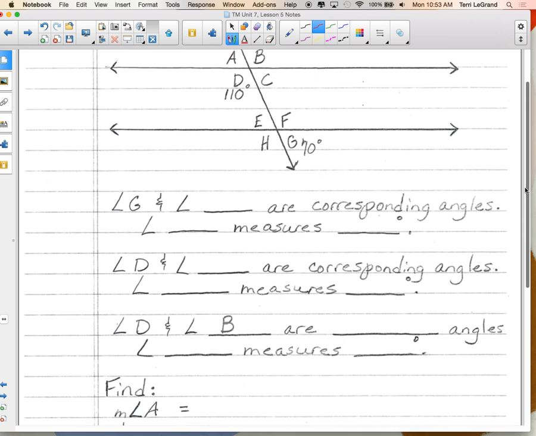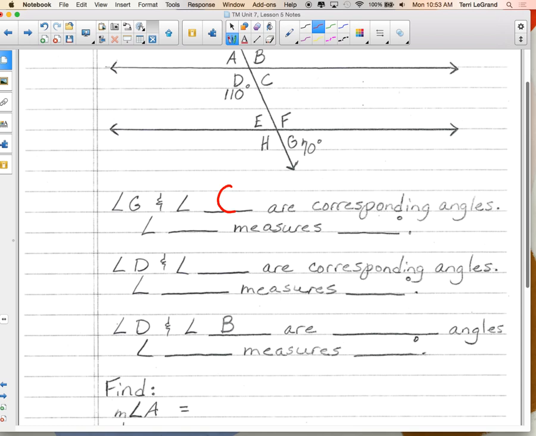Let's just start using our corresponding angle relationship. Let's start with what angle corresponds with angle G? What did we decide corresponds with G? Caden? C. C, okay. So G and C are corresponding angles. Why do you suppose I started with G? Because it has the measurement and we know what it is. Why not start with one we know, right? Would it be very useful to start with two we don't have any idea what one of them is? Probably not.